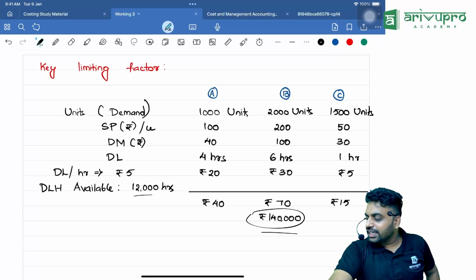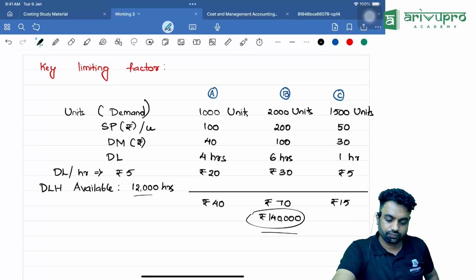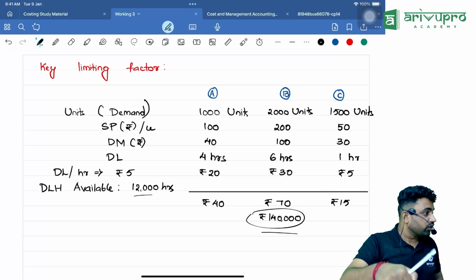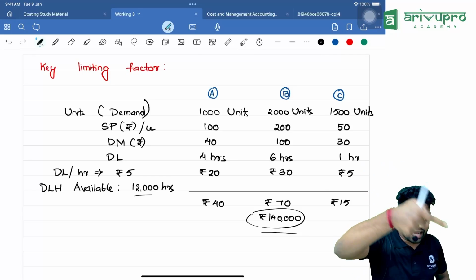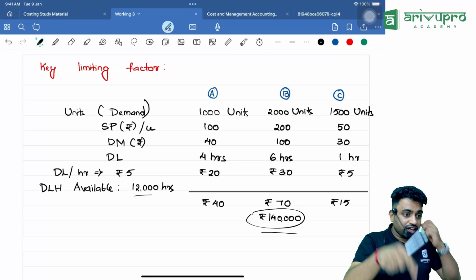What if demand for A is more than B? See, here I am producing only B because the required time is also 12,000 and I have also 12,000.